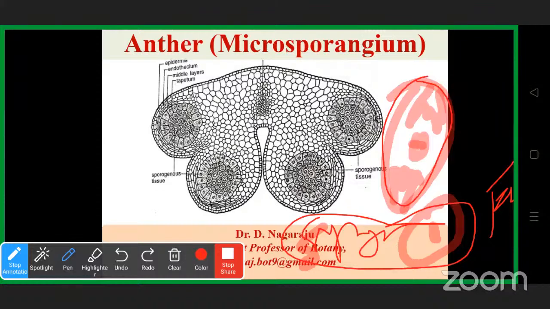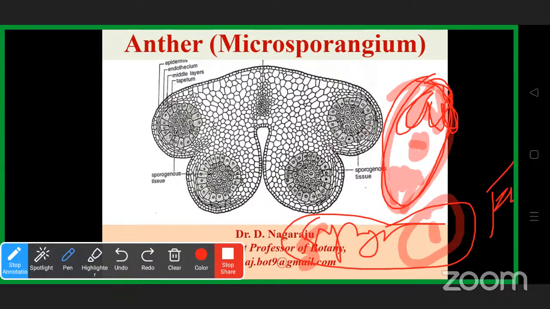You see, the female gamete and two subsidiary cells. You know the 8-nucleus, 7-cell embryo sac.